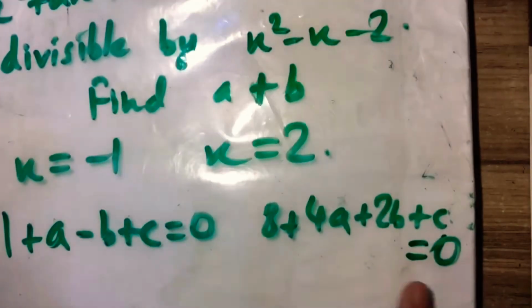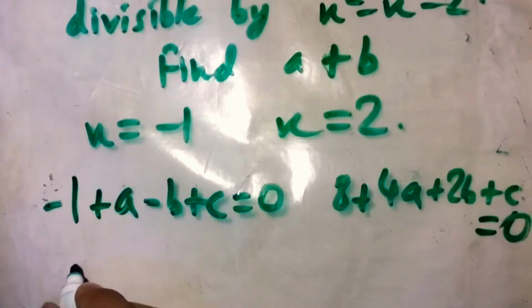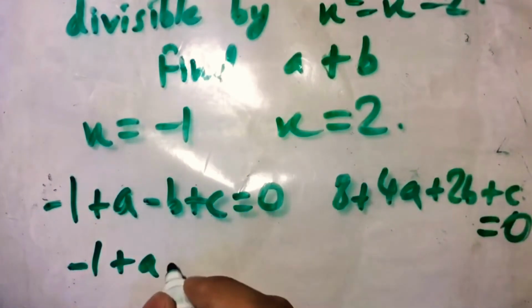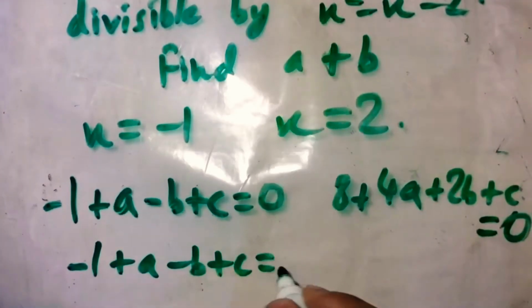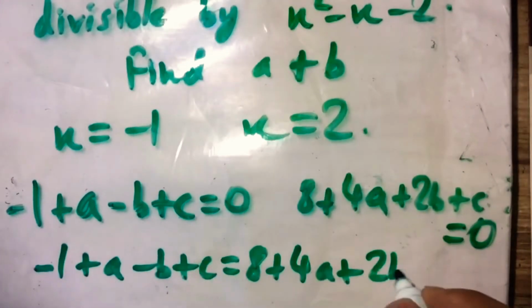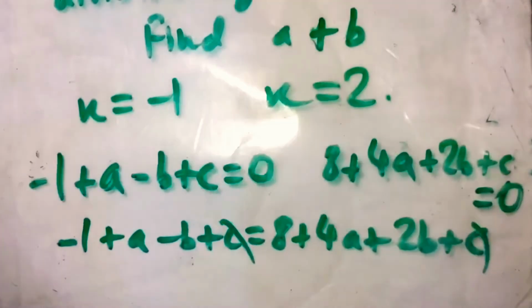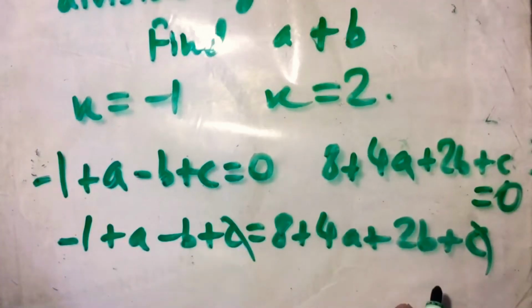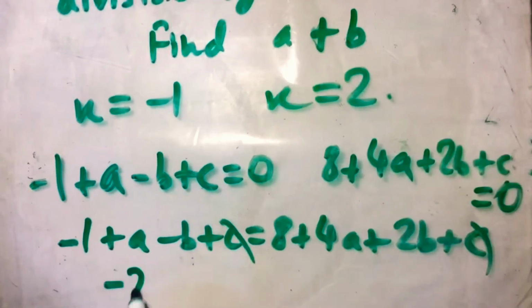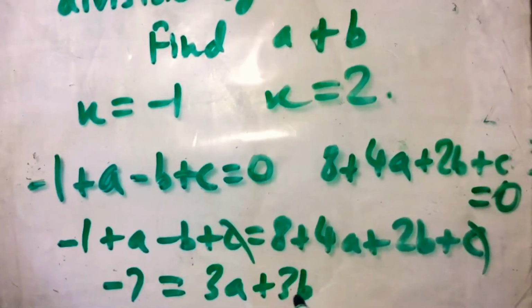Now we can see that both these equations are equal to 0. So we can equate these two equations with each other. -1 plus a minus b plus c equals 8 plus 4a plus 2b plus c. c and c get cancelled. We'll move a and b on that side, 8 over here, so -7 equals 3a plus 3b.